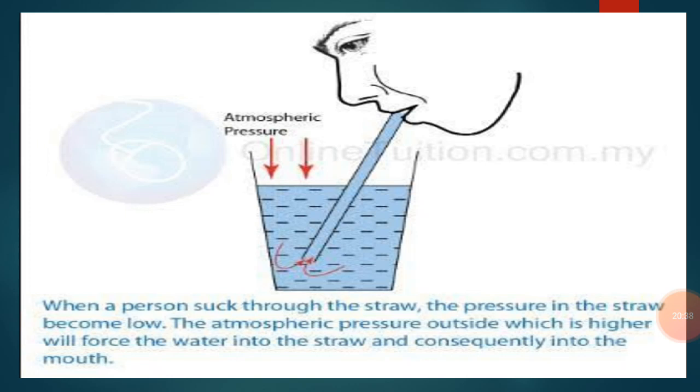The lower end of the drinking straw is dipped in the soft drink, and when you suck at the upper end of the straw with your mouth, the pressure of the air inside the straw and in our mouth is reduced.